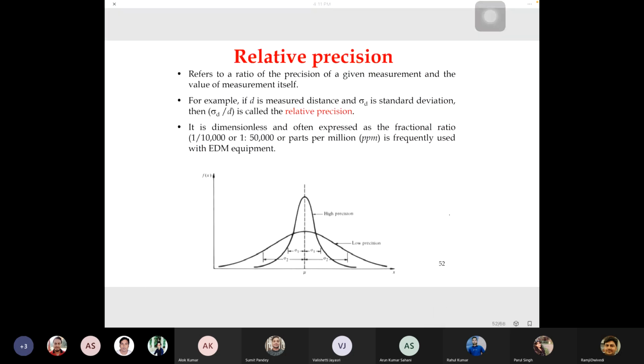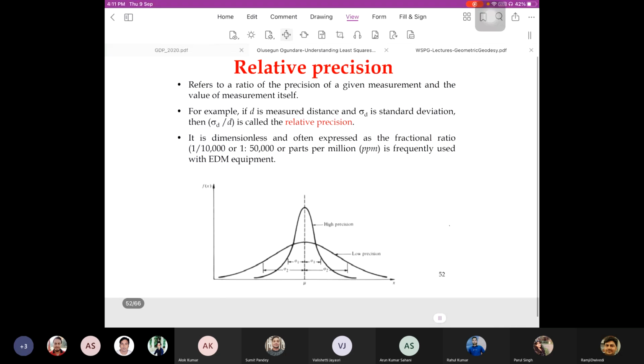Then there is a word called relative precision, and in relative precision we refer to the ratio of the precision of a given measurement and the value of the measurement itself. So it is sigma d by d, for a distance d that is measured, where sigma d is the standard deviation. Then sigma d by d is called the relative precision.